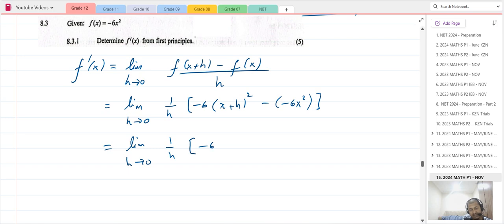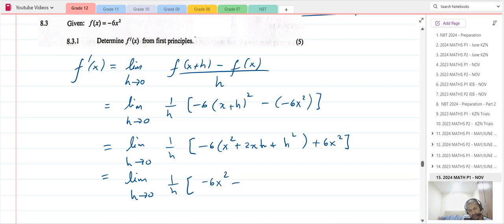Minus 6 into x squared plus 2xh plus h squared plus 6x squared. Limit as h approaches 0 of 1 over h, minus 6x squared minus 12xh minus 6h squared plus 6x squared.